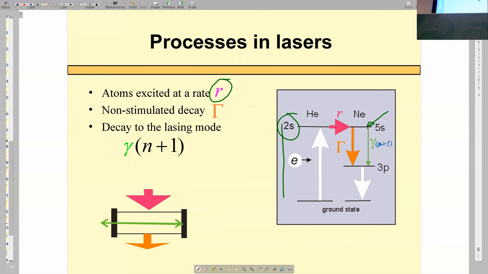This mixture of gases makes it such that these two states are of the same energy, so one can have easy energy change from helium to neon. And neon atoms, they decay. Mostly, they decay to 3-pi states, and that gives us lots of orange light.